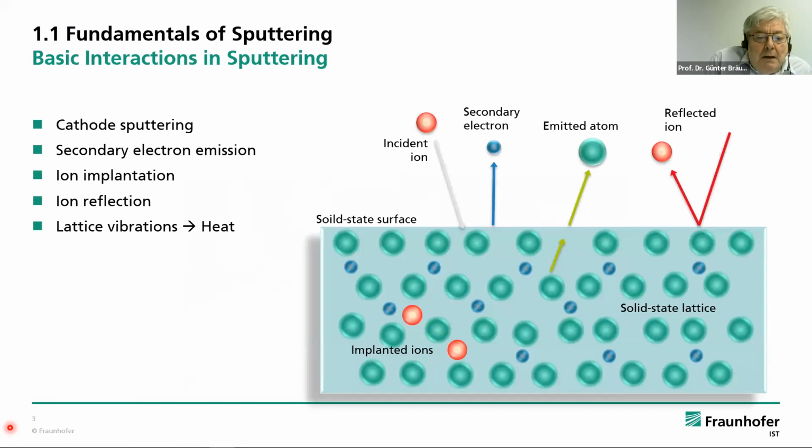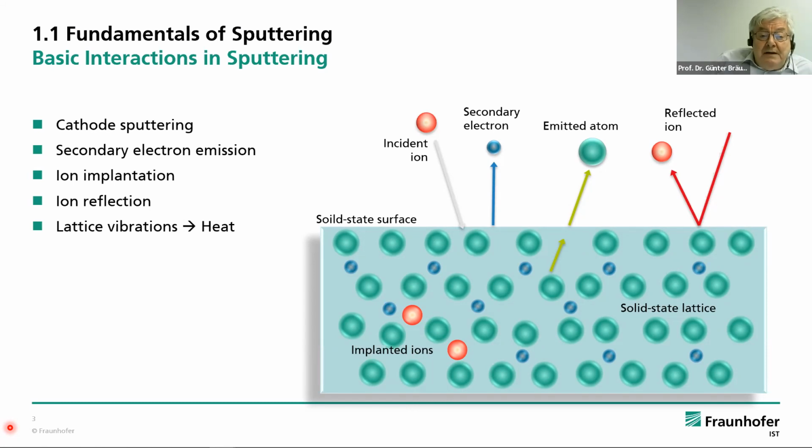So assume a situation where we have a solid state surface and we have a high energetic ion. It may come from an ion source or from a low pressure plasma, and with several hundreds of electron volts, this ion hits the solid surface.